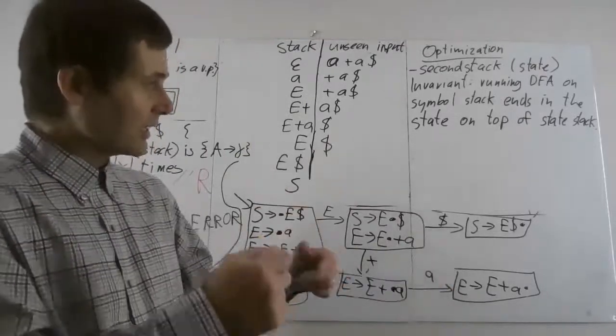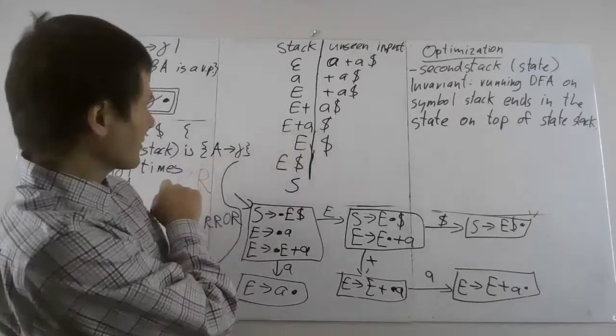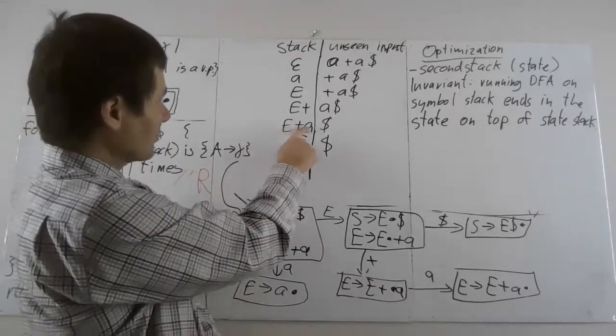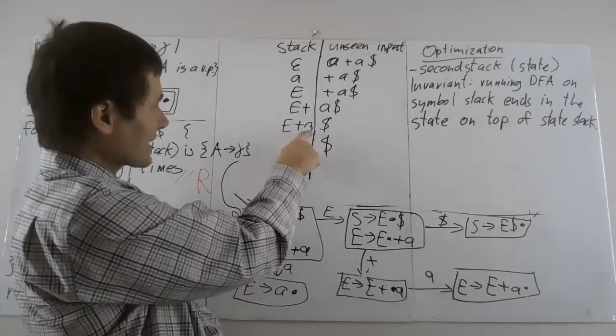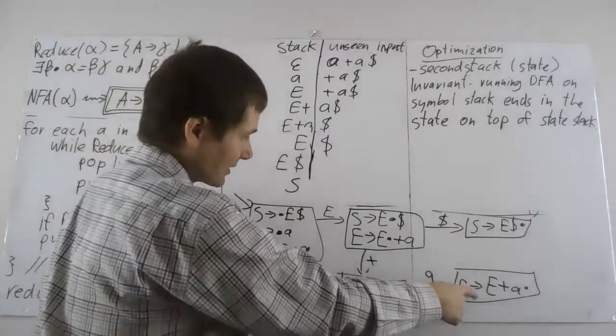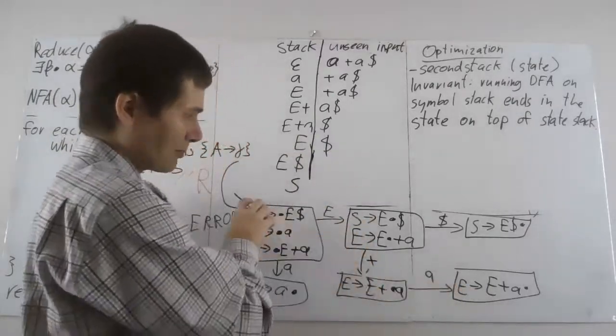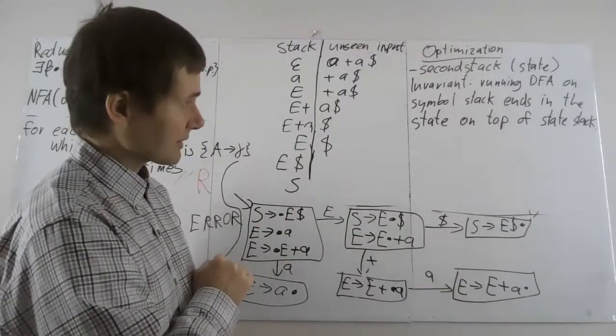Okay, and then similarly, whenever I pop, let's say here, I'm going to pop E plus A off the symbol stack, and then I'm going to push E in its place. So when I pop E plus A, I want to pop 3 states off the state stack, right?